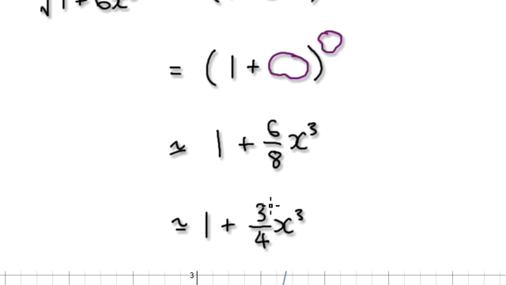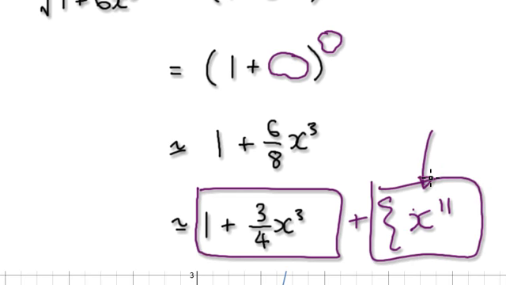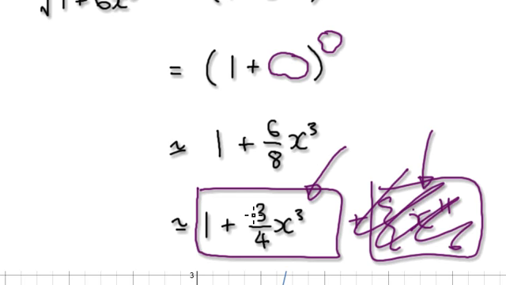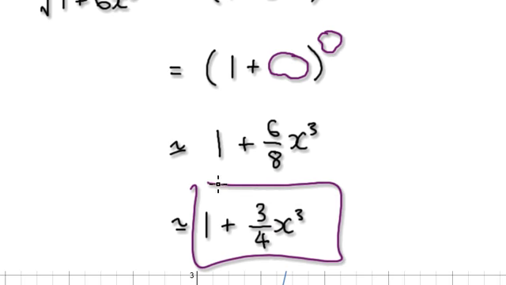Even though this is not a linear approximation, even though it's not a straight line, it is still our approximation here. Okay, if you have some other thing and then x to the power of, let's say, 11 here, then this block here would be tiny in comparison to this block here, so you would discard this. Okay, but at the moment there's no other x to the power of whatever around, so keep it as this.